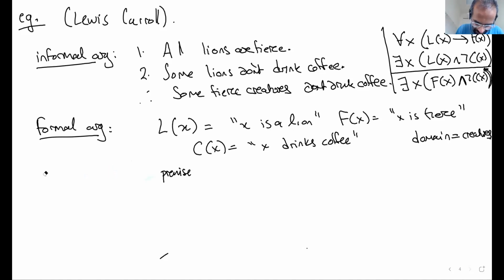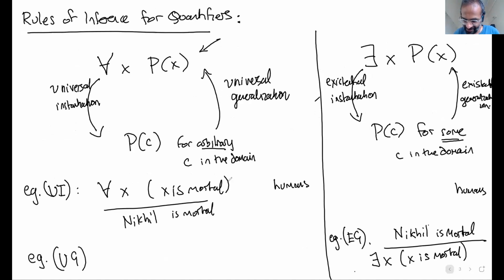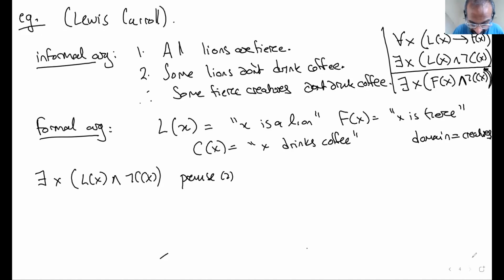Sorry. So what am I going to do? I'm going to start with the second premise. Some lions don't drink coffee. So there exists an x so that it's a lion and doesn't drink coffee. That's premise number 2. Now I'm going to use existential instantiation to say, hey, this implies that there has to be some particular lion that doesn't drink coffee.